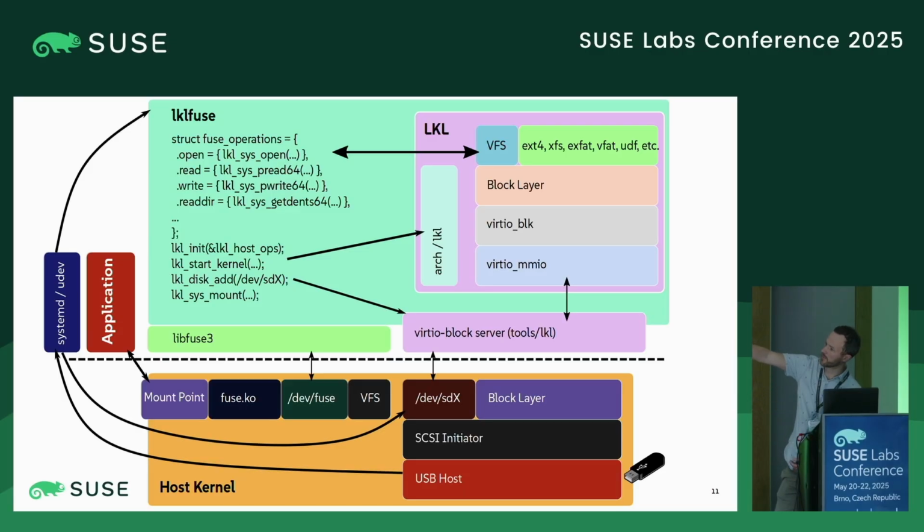As we wait in the libfuse event loop, based on the IO request we get through devfuse from the host kernel, we can call straight into lkl and go through the file system and block layer of lkl, through virtio down to the host block layer, and finally out to the device.